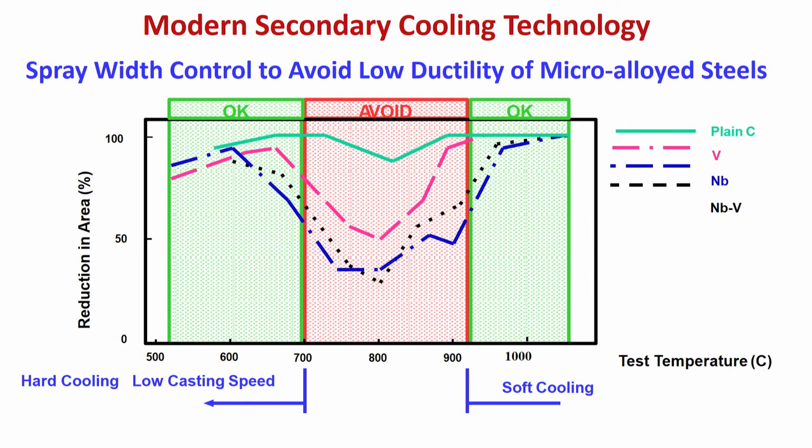You do not want strain to get generated when the ductility of the material, reduction of area of the material, is low. So, you do not do bending unbending when the temperature is in this region. You do it either at higher temperature, that means you have to use soft cooling, or at low temperature, that means you are doing low speed casting.